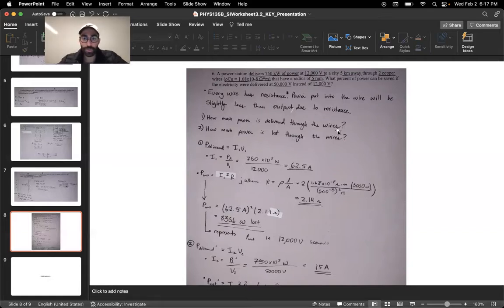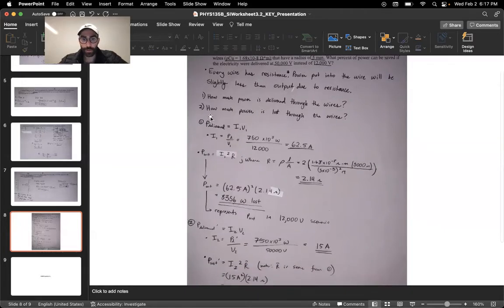And we need to do this for both scenarios, the one in which it's 12,000 volts and the one with 50,000 volts. So first, I'm going to call it P delivered. Here we have a current one and a V one. Let's first find this current. To find that current, we're going to have power over the voltage, and then we have 62.5 amps pop out. So now we know what's delivered.